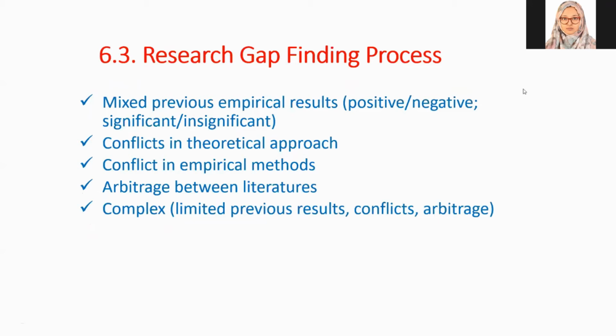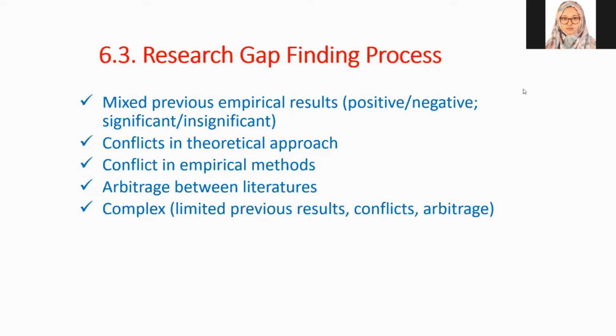And conflicts in theoretical approach. Suppose one researcher used a theory, suppose social actions theory. Another study has been done in the same area, but using organizational citizenship behavior. Another study was done based on, you can say, resource based theory.